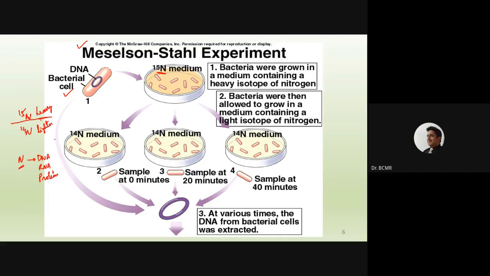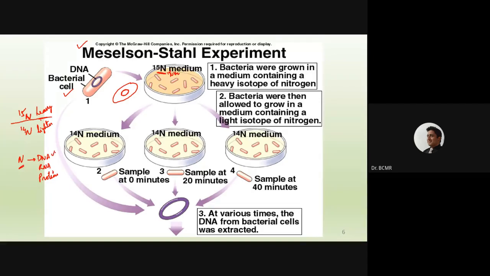They have taken a medium containing, say, NH4Cl, with N15 as the labeled nitrogen, and they have grown the cells in the culture. So what happens? All the molecules in this bacterium would be radiolabeled molecules. What all molecules?